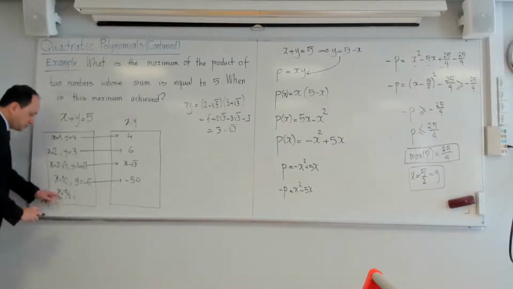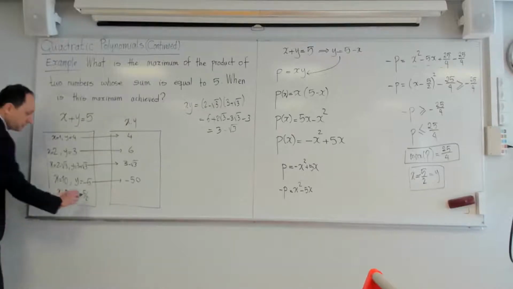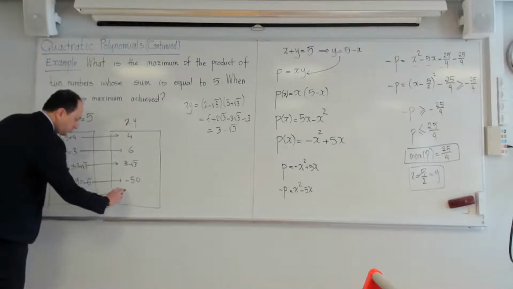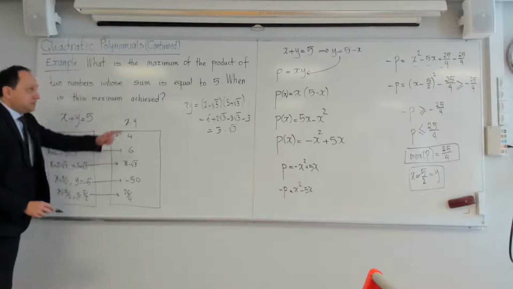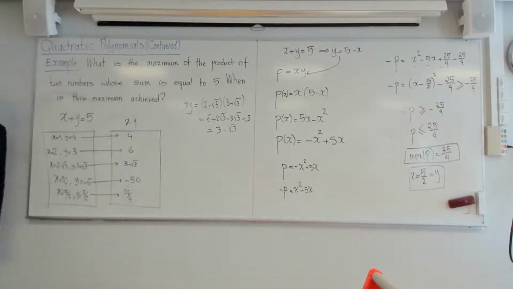If I choose x equal to 5 over 2 and y equal to 5 over 2, this is also one option. Definitely, it will give rise to 25 over 4. But this calculation shows that you shouldn't waste your time. You will not find something bigger than this in this list. Is that understandable? Yes? Okay.